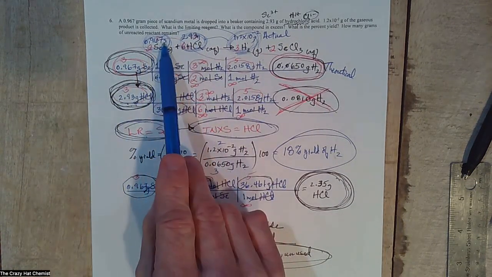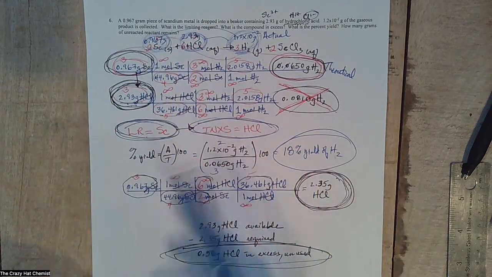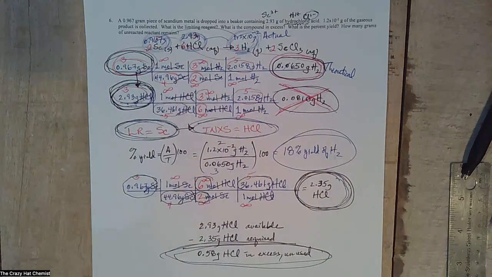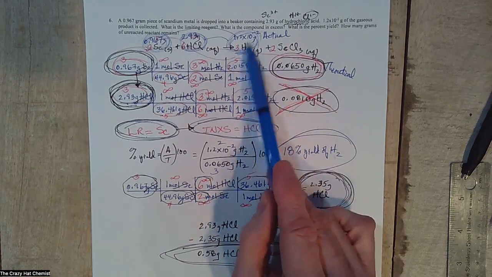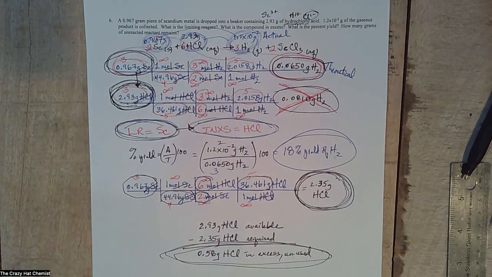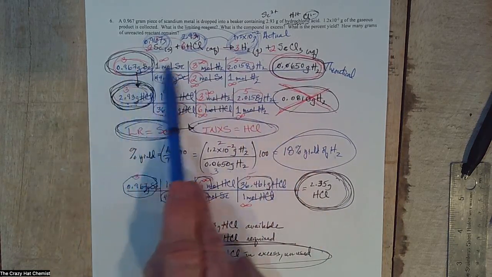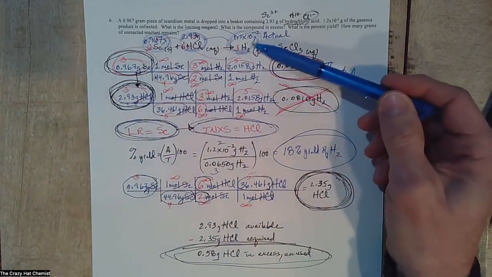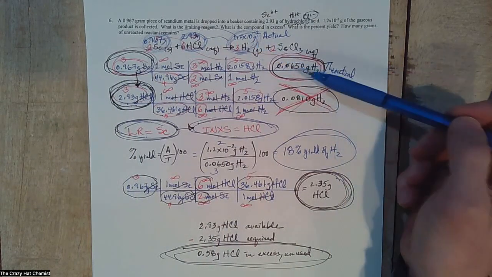Since we have numbers for both of the reactants, that means it's a limiting reagent problem. Since I have a number for one of the products, that tells me the actual value for my percent yield calculation. I took each of the reactant values and moved them stoichiometrically to the product for which I have been given a number.